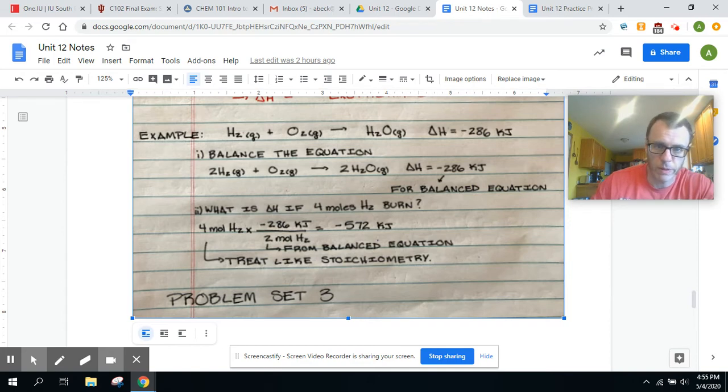You might ask, Mr. Beck, where'd you get the 2? Right here. This is your 2 moles of hydrogen. So 4 times negative 286 kilojoules divided by 2 gives us negative 572 kilojoules. This should make sense because the more hydrogen you burn, the more energy you give off. So we treat it like stoichiometry.